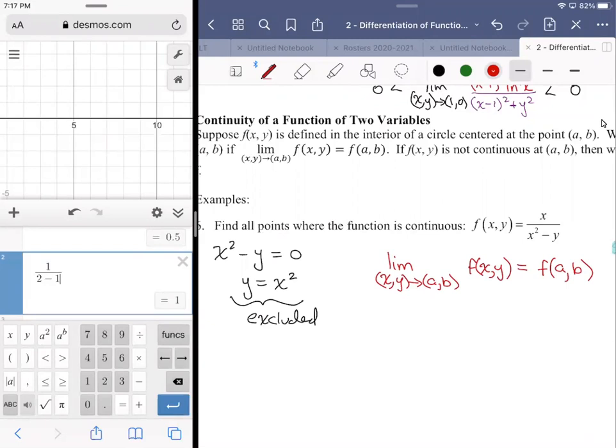That shows that a function is continuous. So I would use that information and this new exclusion and see if I can modify.